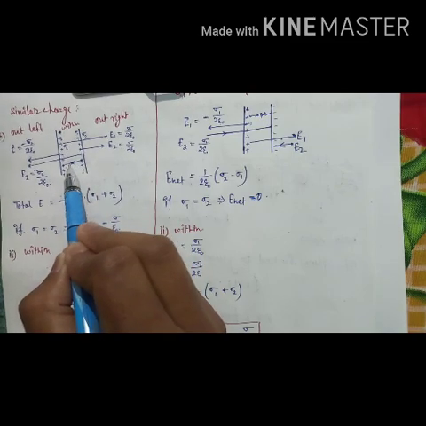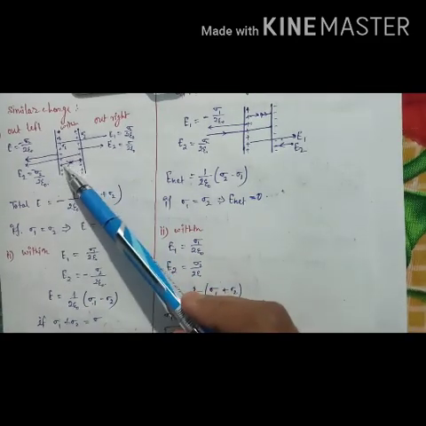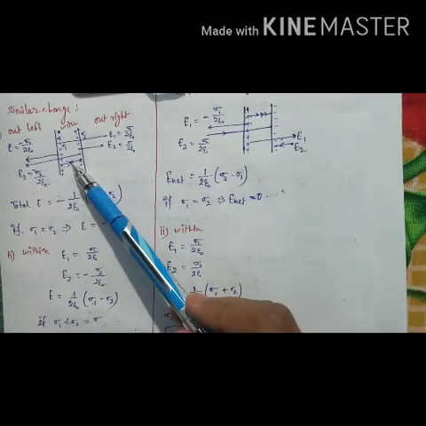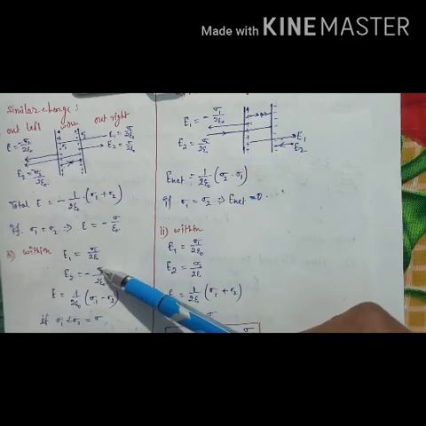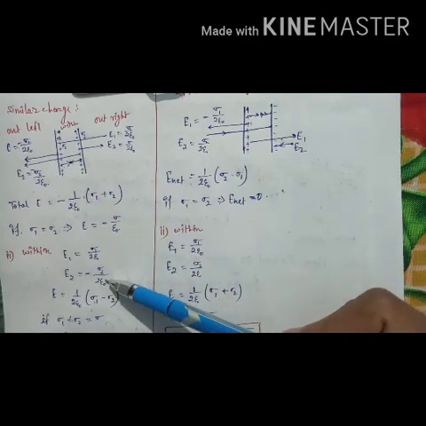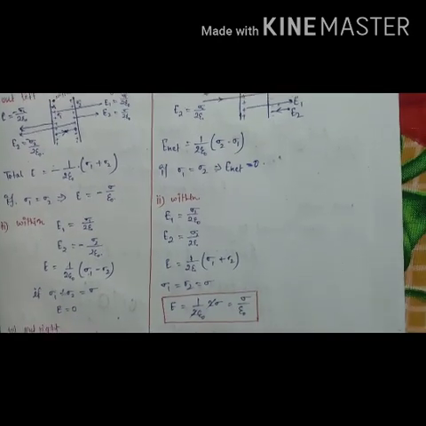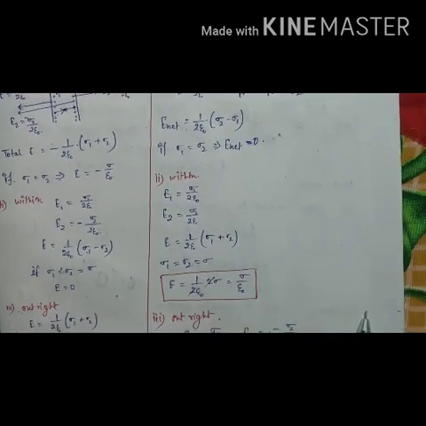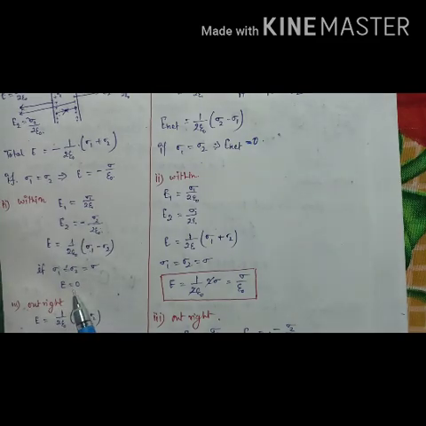So of the electric fields, one we take positive and another we take minus. So due to this charge, E1 is equal to sigma 1 upon 2 epsilon naught, and due to this charge, E2 is equal to minus sigma 2 upon 2 epsilon naught. So we have E is equal to 1 upon 2 epsilon naught (sigma 1 minus sigma 2). If sigma 1 is equal to sigma 2, then we have E is equal to 0.